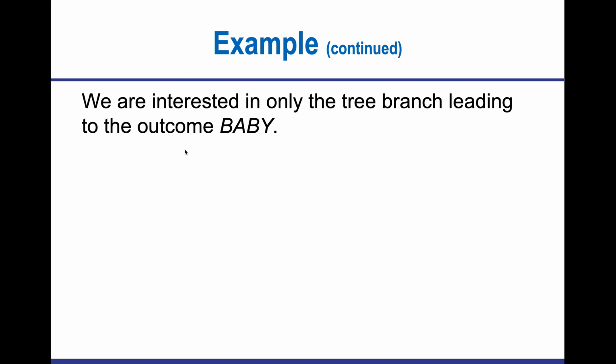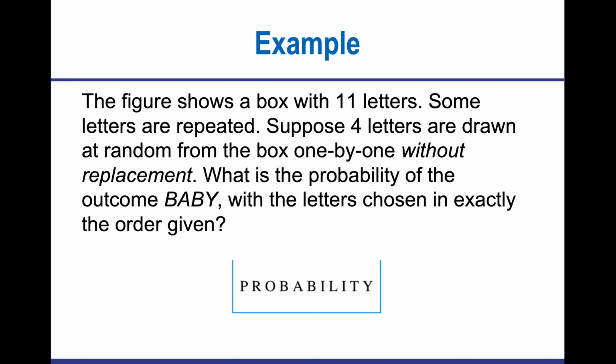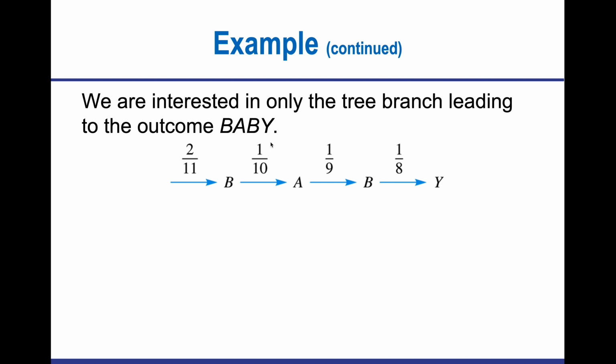There were two B's in my original image out of 11 total letters. They're out after they're chosen because it's without replacement. Then I have A chosen. There's only one A, but there are now 10 letters because I'm not replacing. There are now 9 letters, and then 8 letters.